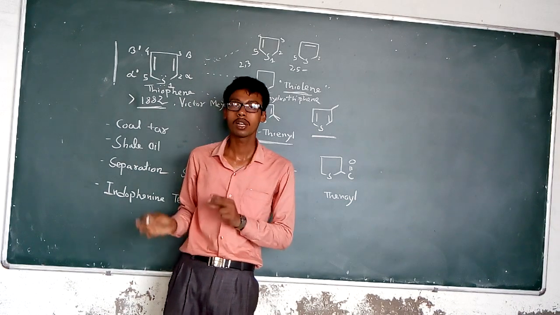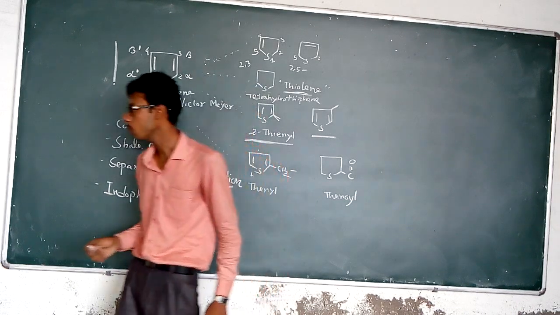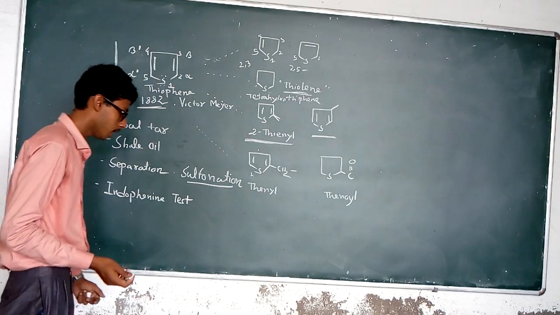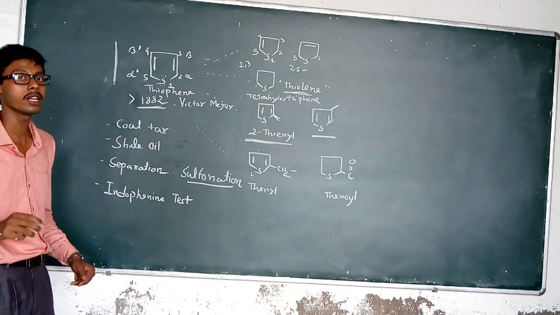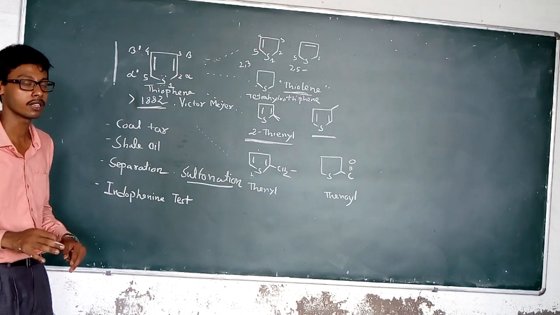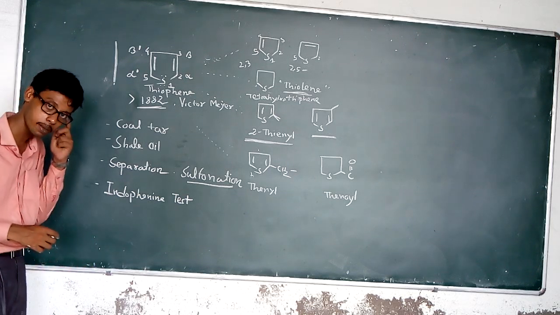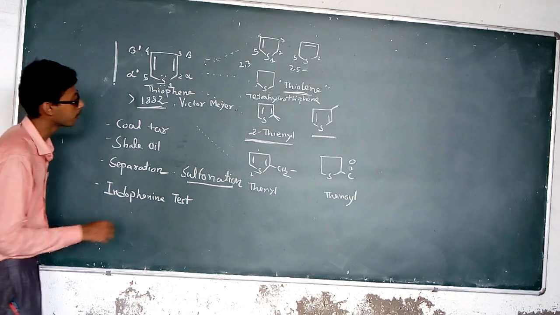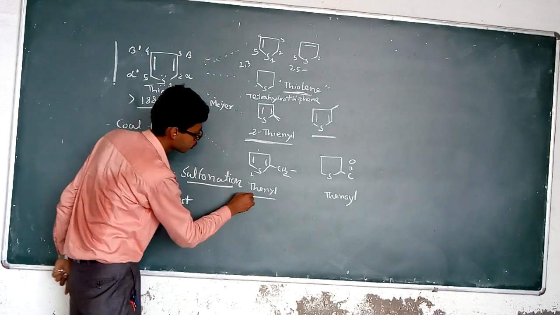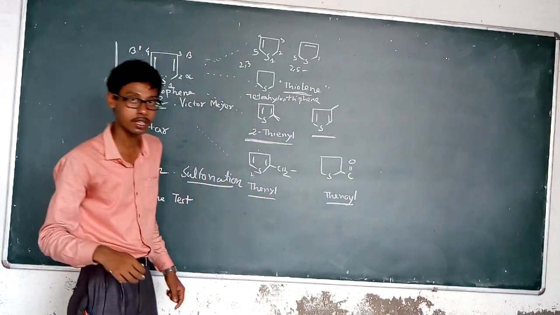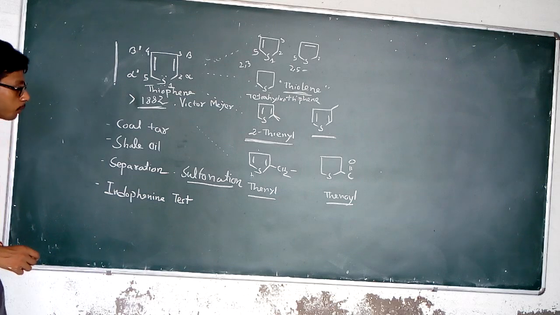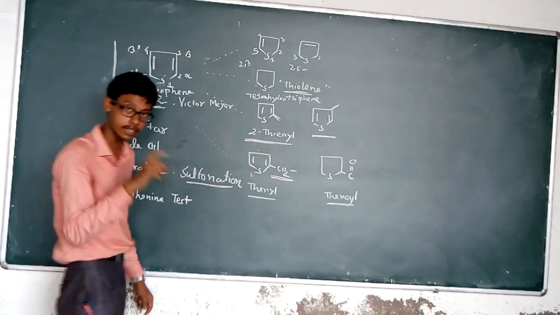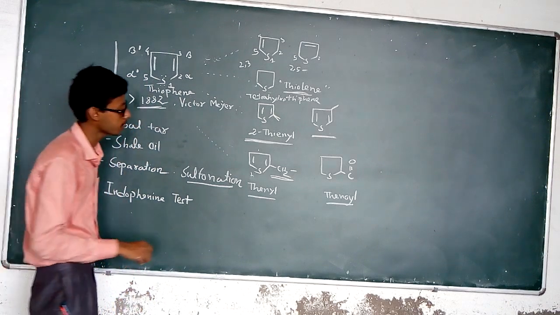That is why these are pi-excessive compounds, and due to their aromaticity, the chemical properties of thiophene resemble those of benzene. You can see the trivial nomenclature of these 2 substituted thiophenes: at the 2 position, when substituted with CH2, it is known as thenyl.